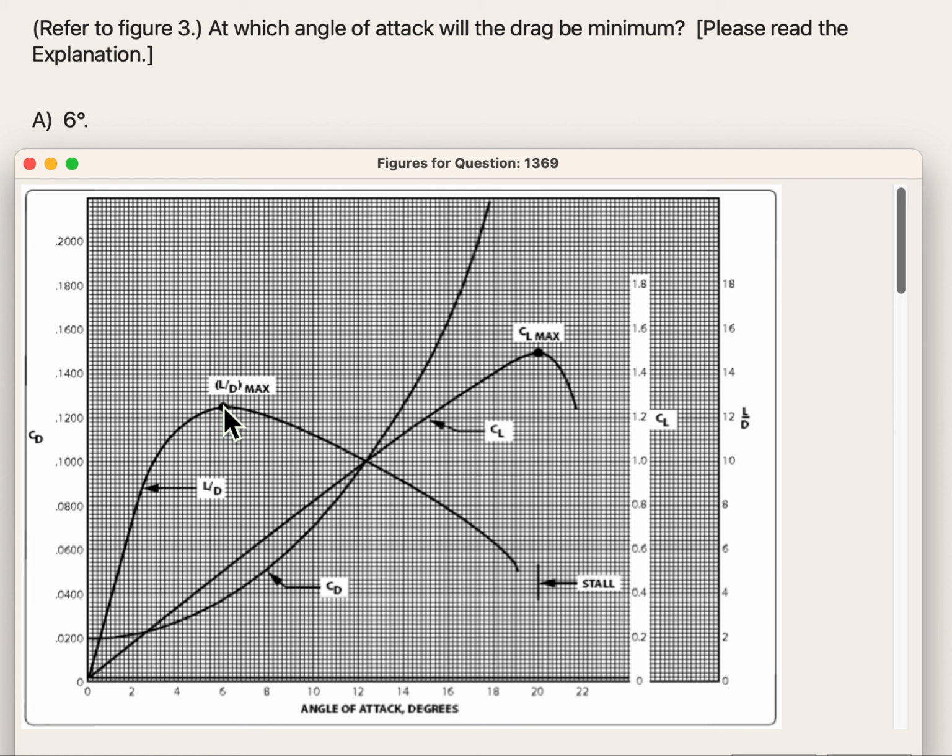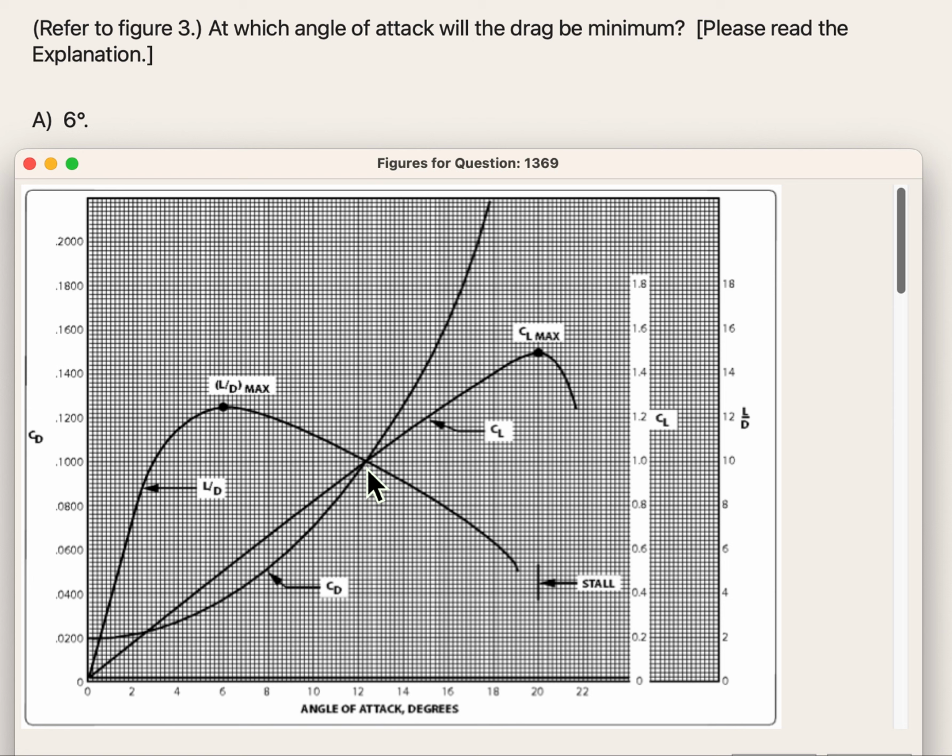Looking at the coefficient of drag curve, I guess that's CD. We can see that the CD at about 6 degrees is far less than it is at 12 degrees. 12 degrees is here.